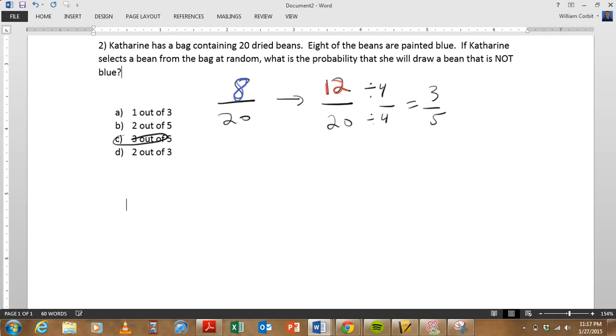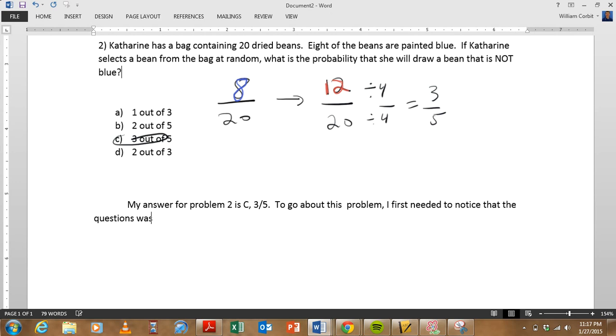So my answer for problem 2 is C, 3/5. To go about this problem, I first needed to notice that the question was asking for the amount of beans that were not blue.